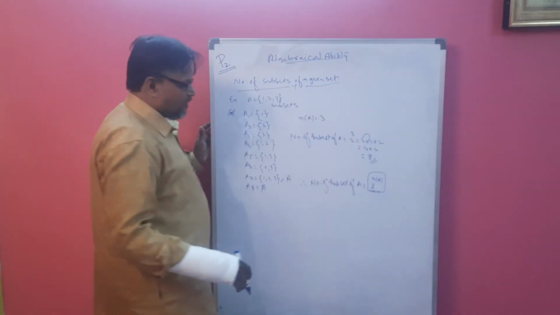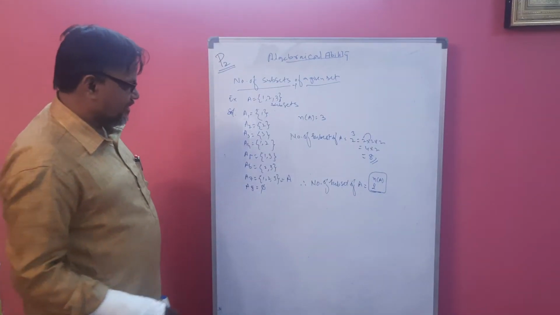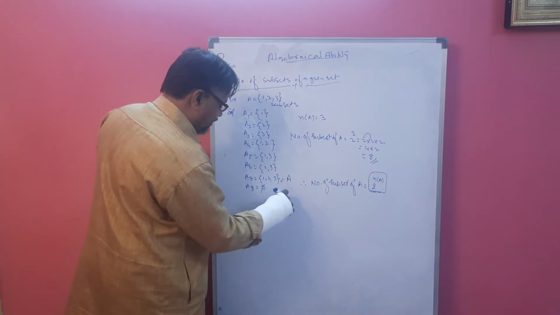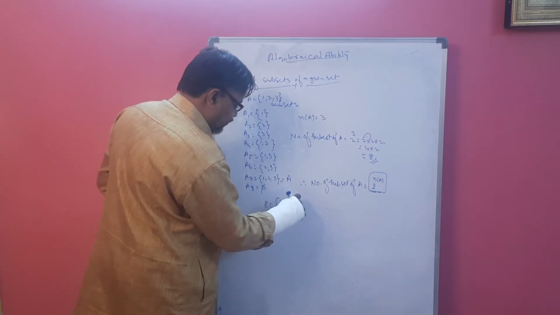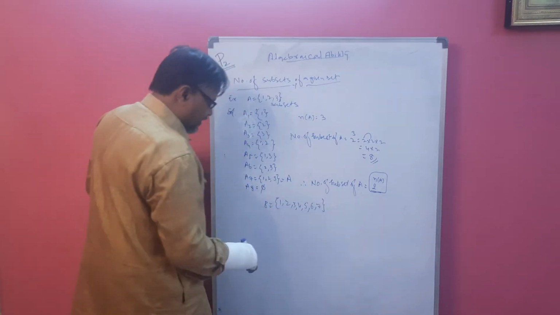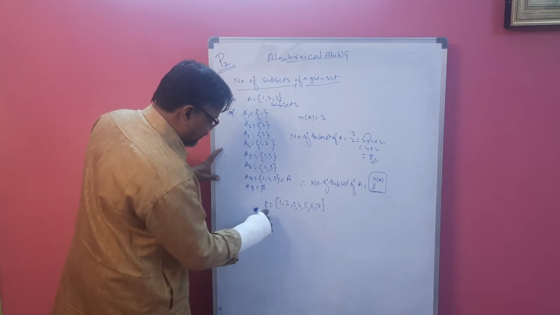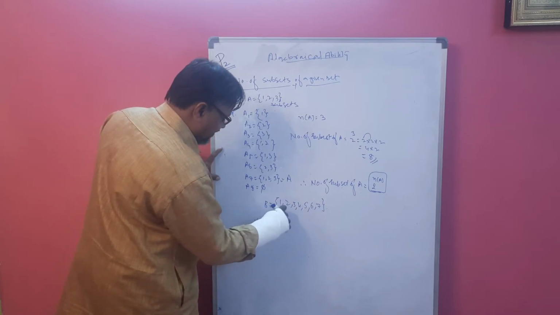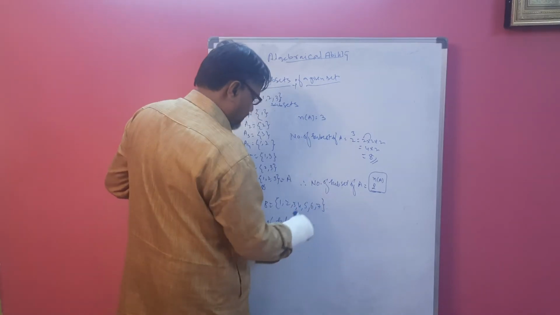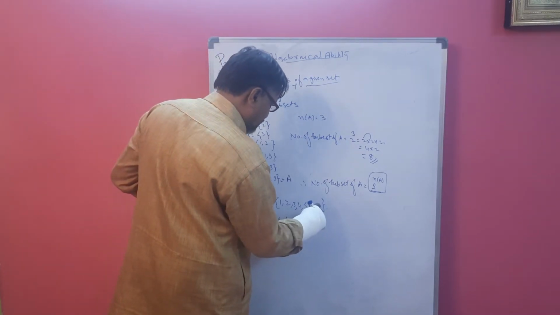Take one example. We have 7 elements, 1, 2, 3, 4, 5, 6, 7. So the number of subsets is 2 to the power of the cardinality of B.